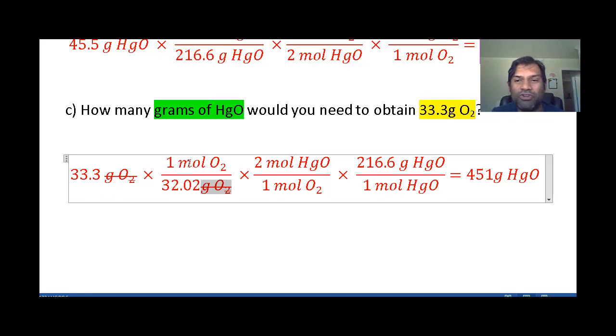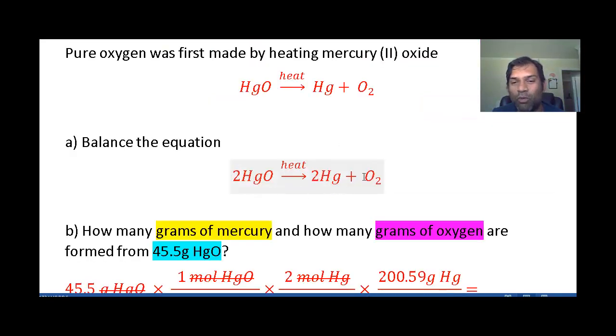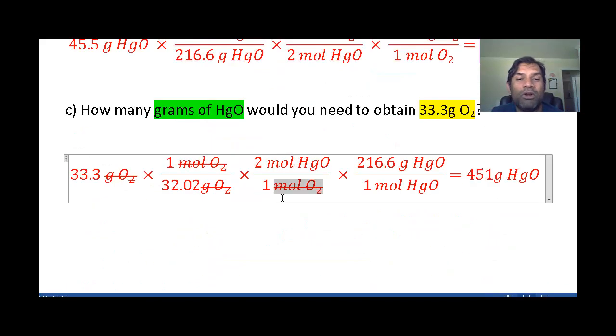Now we have moles of O2. For every 1 mole of O2, there are 2 moles of HgO. The importance of the stoichiometric coefficient cannot be overstated. So for every 1 mole of O2, we have 2 moles of HgO.